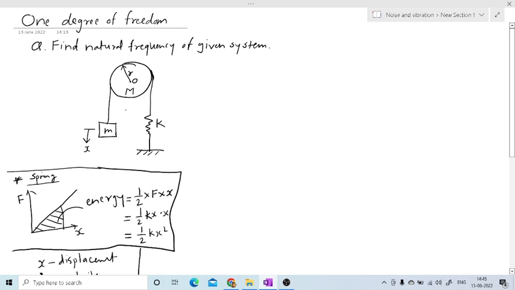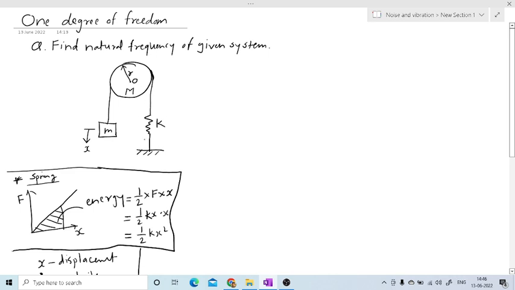From this system, when the mass displaces by distance x, the drum is going to rotate because of the displacement of the mass. The mass is displacing, so it has kinetic energy. Along with this, the drum is going to rotate, so it has circular, rotating kinetic energy.